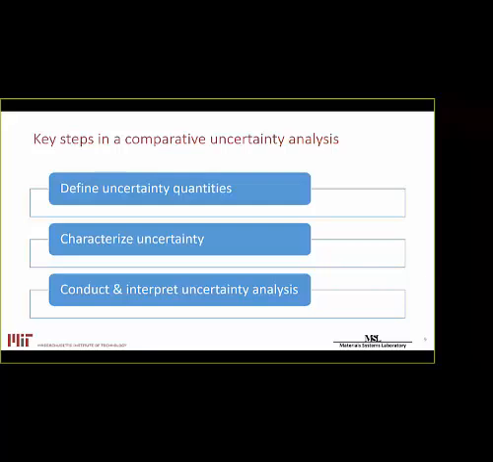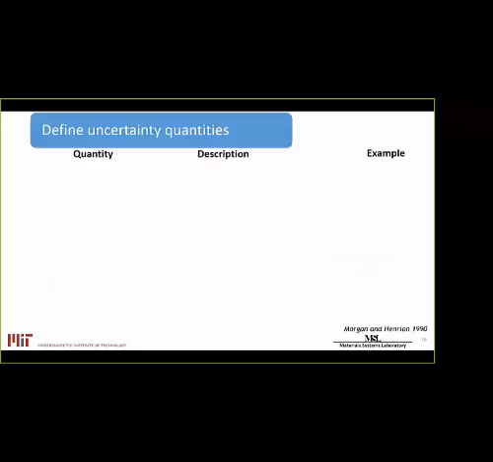First, when it comes to the uncertainty quantities, rather than following this parameter and scenario uncertainty distinction, we actually looked in the literature, and there's a great book by Morgan and Henrion from 1990 that talks a lot about how to incorporate uncertainty into policy-related analyses.